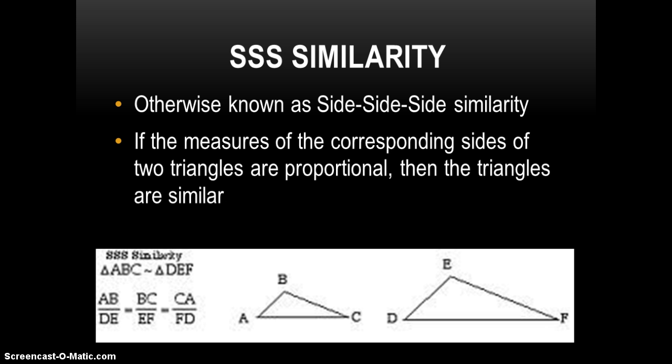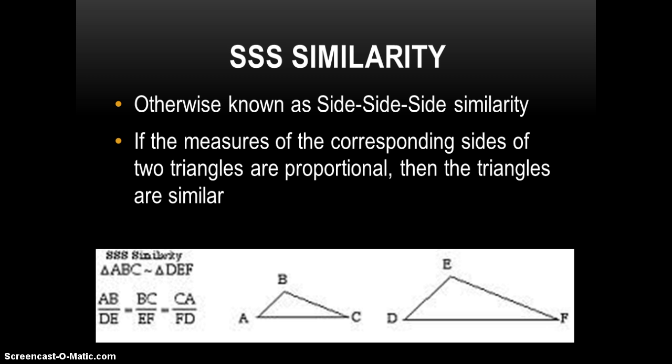Now we have SSS similarity, otherwise known as side-side-side similarity. If the measures of the corresponding sides of two triangles are proportional, then the triangles are similar. That means the ratios of their sides are the same.